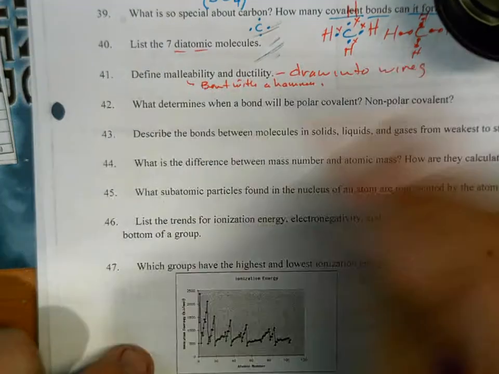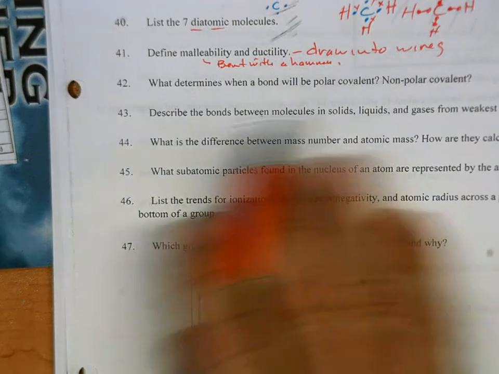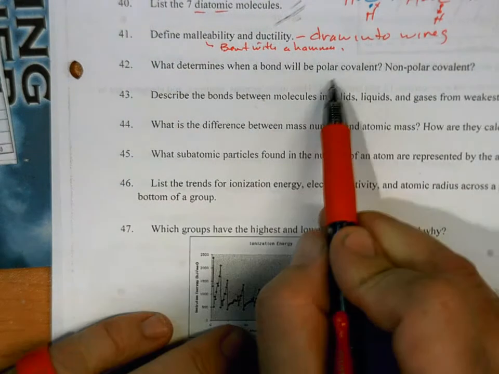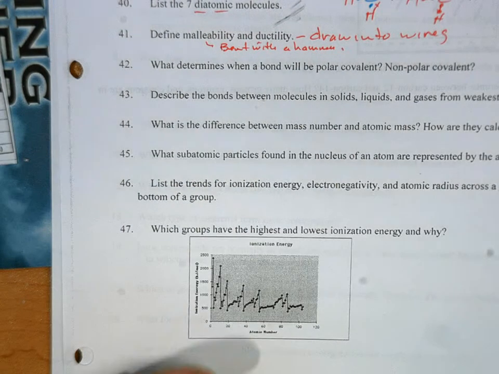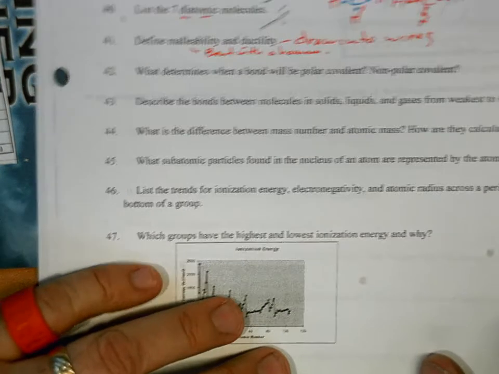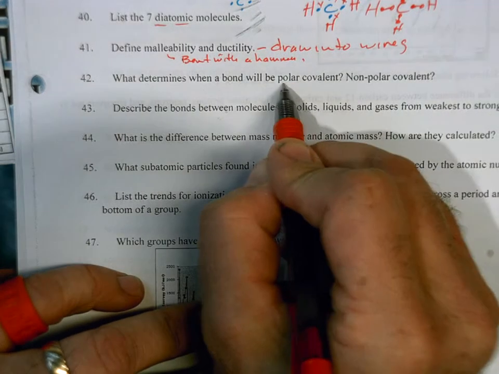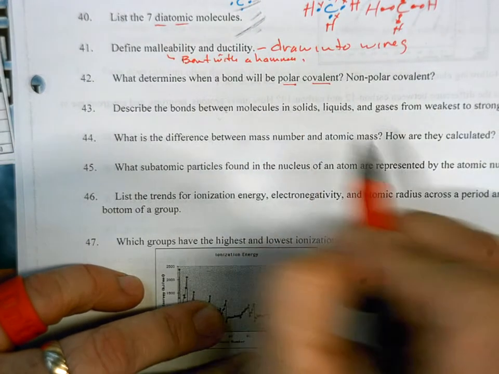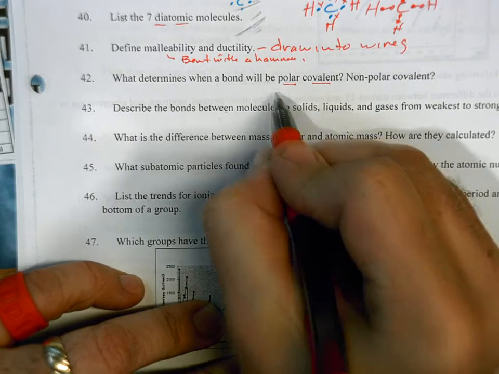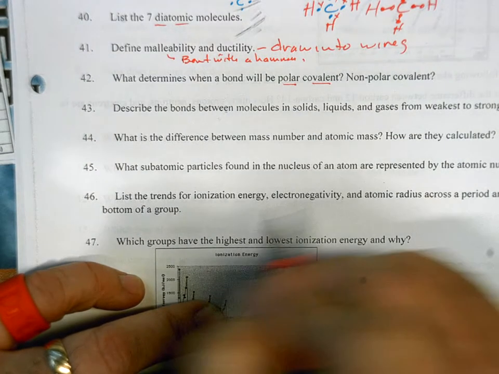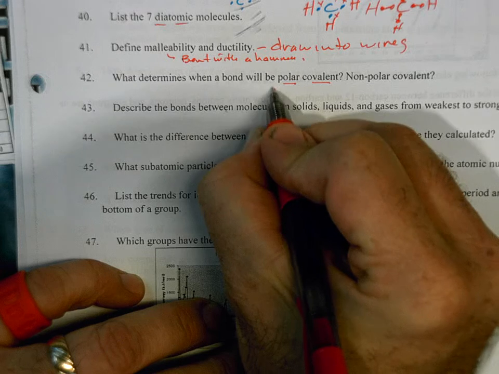What determines when a bond will be polar covalent or nonpolar covalent? All right, what it really comes down to is that if they're polar covalent, that means the electronegativities of the 2 elements have a big difference.